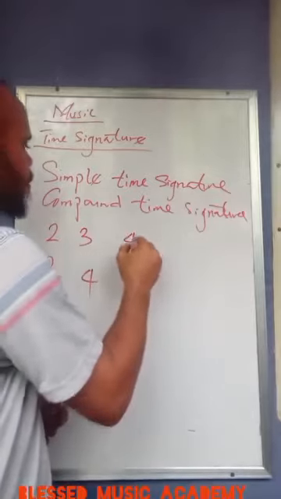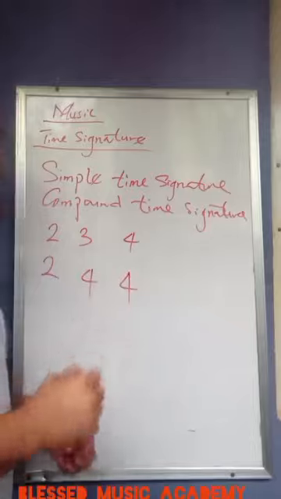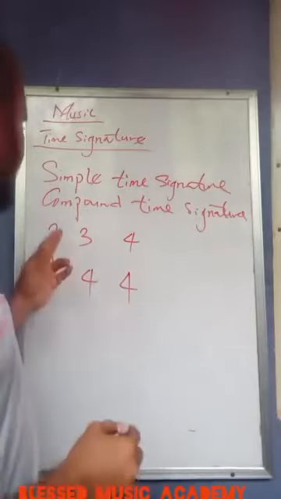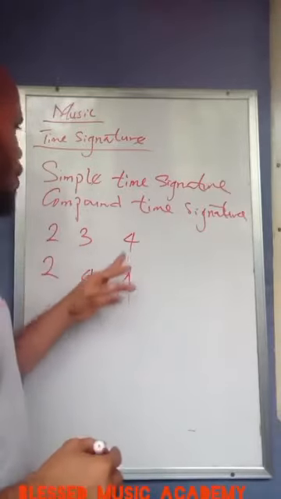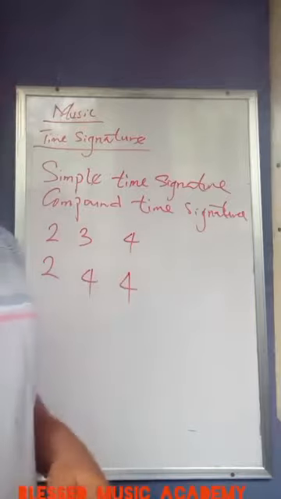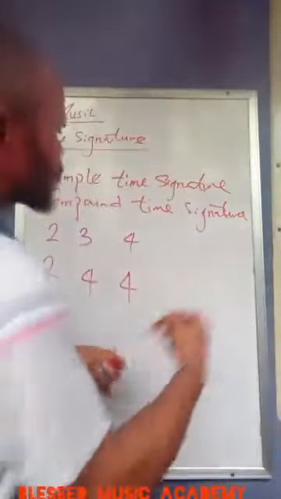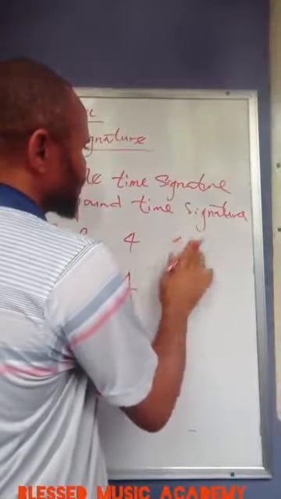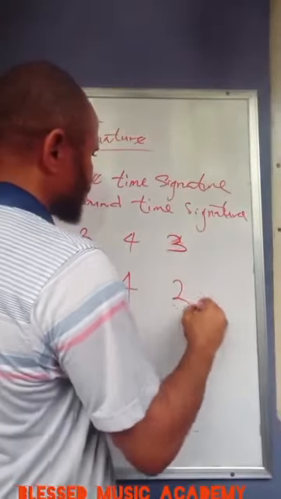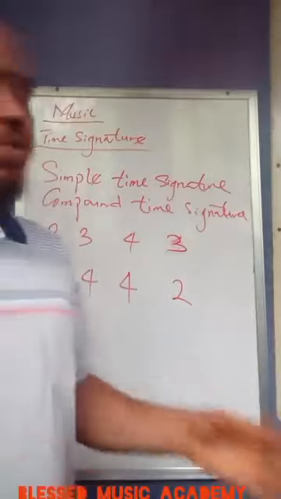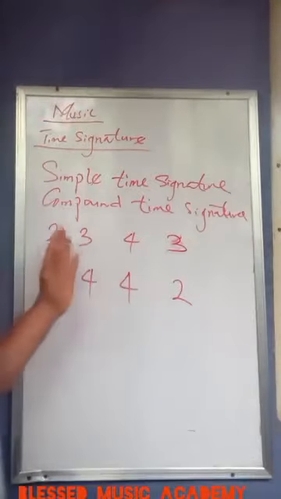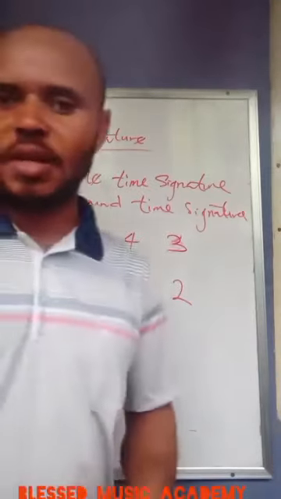We have 4/4. I'm going to be explaining this. We have 2/2, 3/4, 4/4. We also have 3/2, and so on. These are simple time signatures.